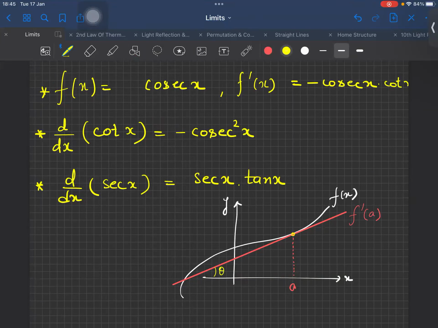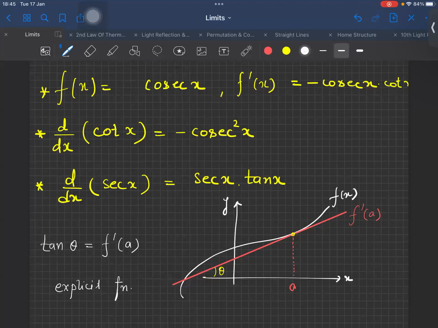So tan theta is equal to f dash of a. This is the geometrical interpretation in a 2D plane of the derivative of a simple explicit function.